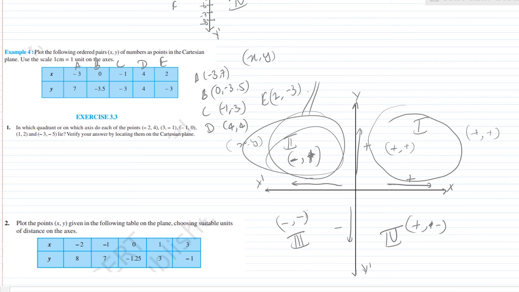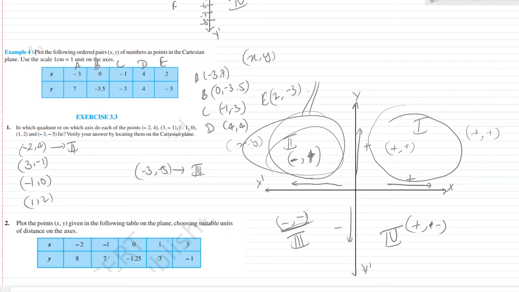Same way here, like minus 2 comma 4. Write down the points first. 3 comma minus 1, minus 1 comma 0, 1 comma 2, and minus 3 comma minus 5, right? This is our second quadrant, and this is our third quadrant, because both are minus.